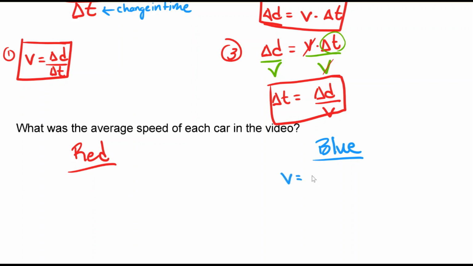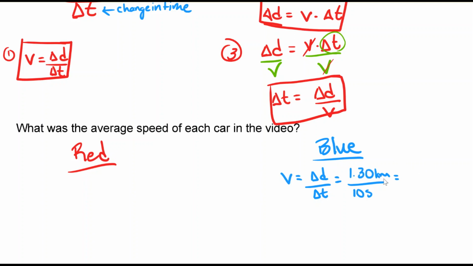So the average speed is the total distance divided by the total time. So it went 1.30 kilometers in 10 seconds. So this is not in SI units, okay, but that's totally fine.